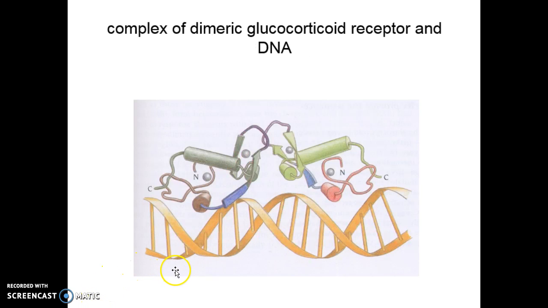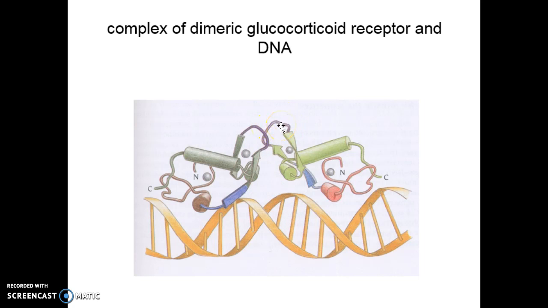The structure of the complex between the dimeric glucocorticoid receptor molecule and a DNA fragment is shown here. The recognition helices of the dimer, in brown and red, are positioned in the major groove. The distance between them, which corresponds to 1 turn of the DNA helix, is fixed by the dimerization loop, the purple one.